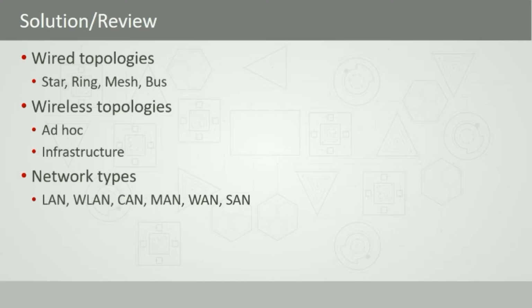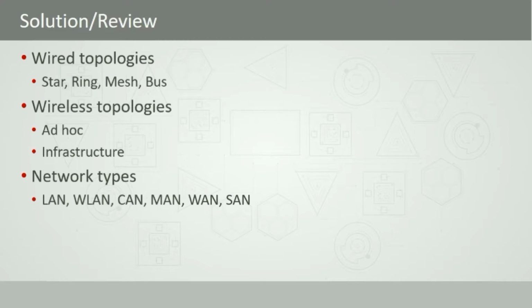Then we asked about the network types, and we have several different types here. The local area network, the wireless local area network, the campus area network, metropolitan area network, wide area network, and storage area network. Now, as you move from LAN up to WAN, really it is just the geographical size that is increasing. But storage area network is a different type altogether.